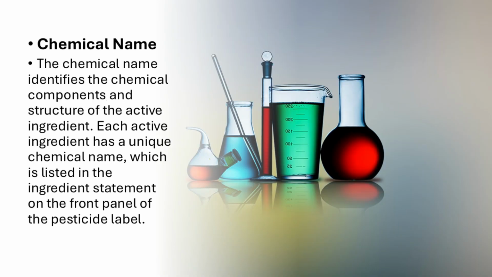Chemical name. The chemical name identifies the chemical components and structure of the active ingredient. Each active ingredient has a unique chemical name, which is listed in the ingredient statement on the front panel of the pesticide label.